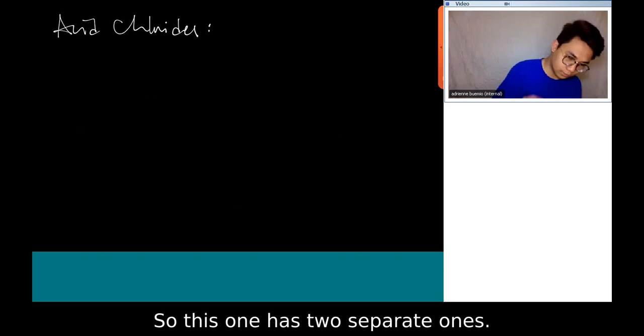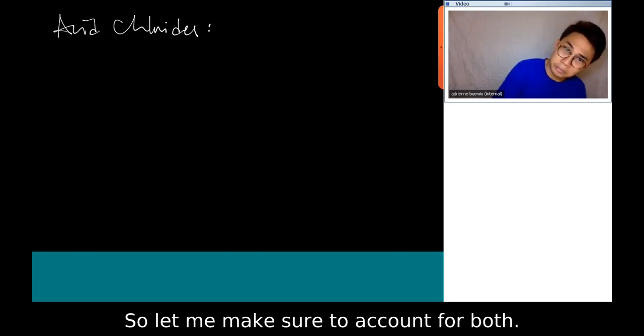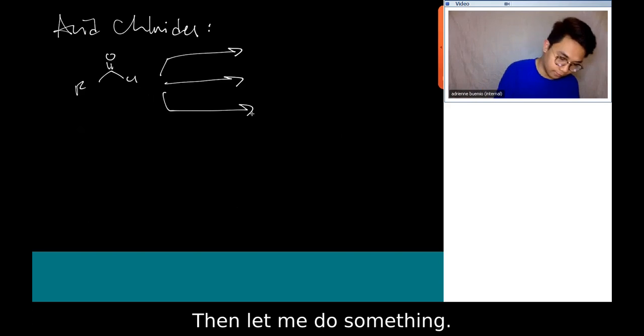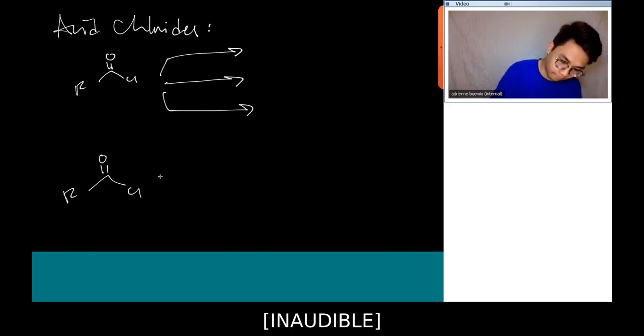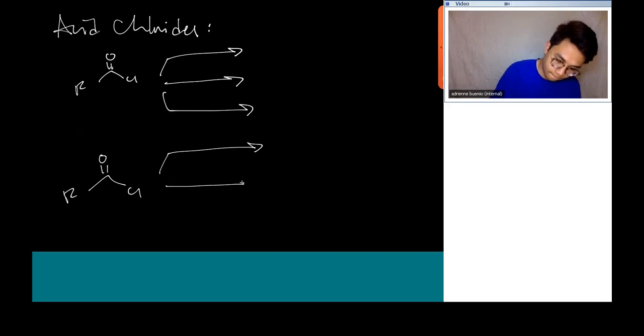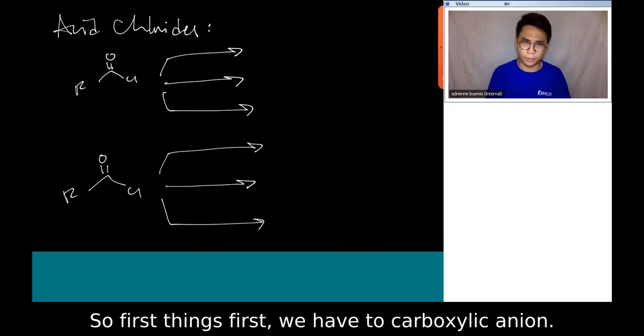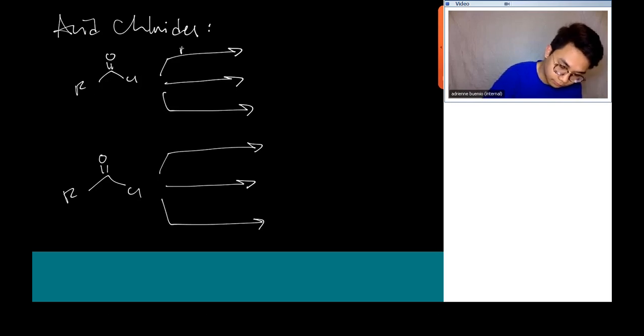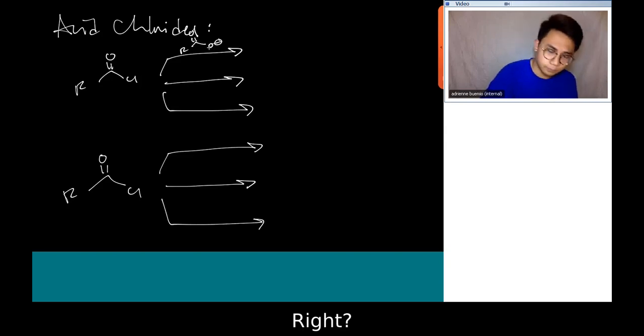So this one has two separate ones. So let me make sure to account for room. Okay. And then let me do this one as well. Okay. So, first things first, we have the carboxylate anion, right?